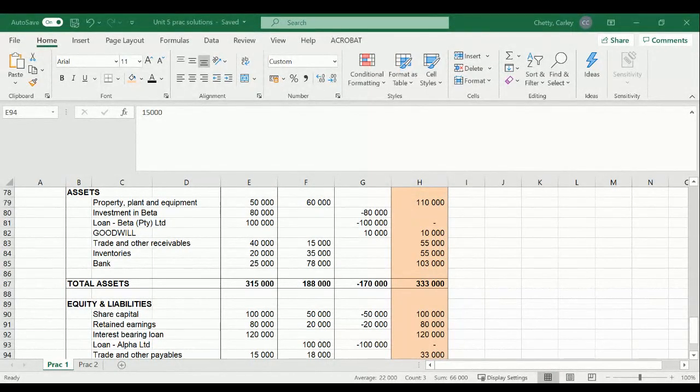So if we have a situation where Alpha is selling inventory to Beta, and then we're looking at it from a one company perspective, it's fine for Alpha to have its separate financial statements showing that transaction. But the problem is when we are preparing the consolidated financial statements, it's seen as one company and you can't sell to yourself. So that would also have to be eliminated on consolidation.